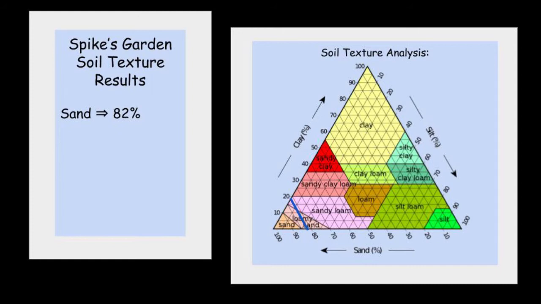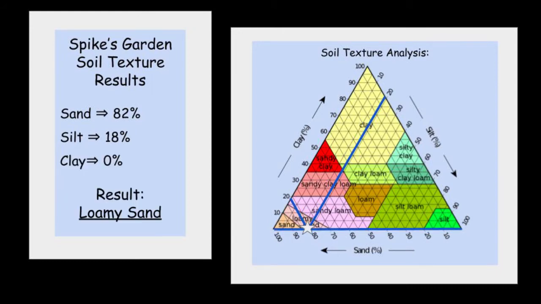Next, I will draw a line for 18% silt. Lastly, I will draw a line for 0% clay. The 3 lines intersect in the part of the graph designated loamy sand. This is my garden's soil texture.